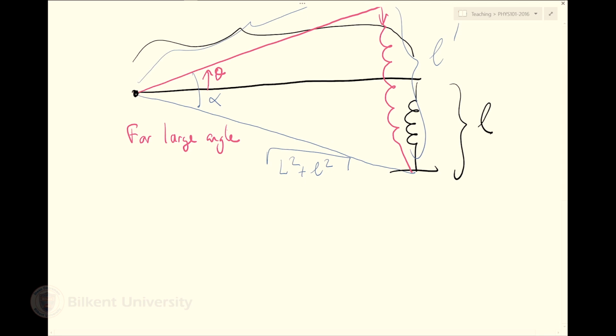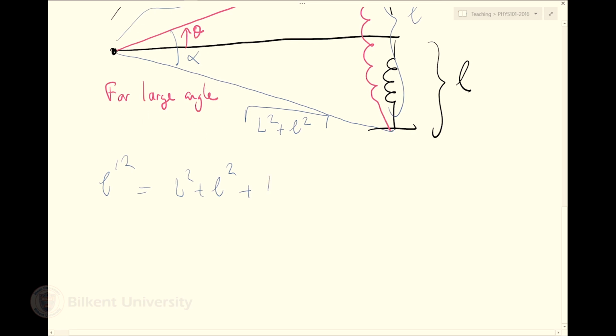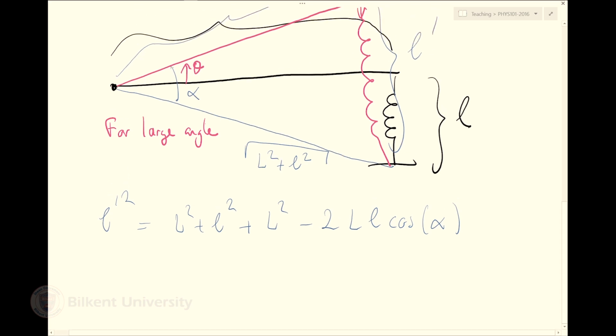So it's quite remarkable. Now, what is L prime square? It's going to be L square plus small l square plus capital L square minus 2L cosine alpha, right? Now, no, alpha is the full thing here. Okay. So here's the problem. Go ahead and do that calculation.